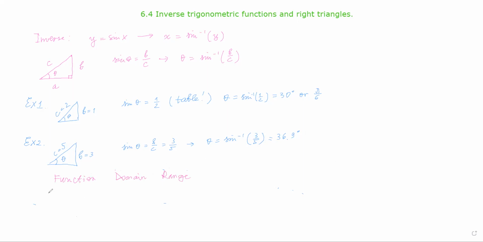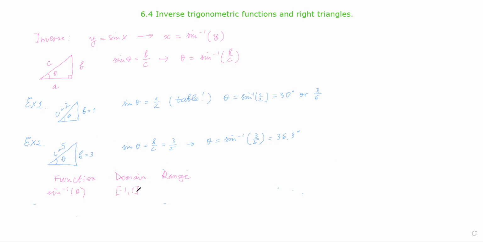Okay, guys, for sine inverse of theta, what is the domain? Well, the domain is going to be the values sine is giving you, right? Remember that sine changes from -1 to 1, so the domain is going to be -1 to 1. What is going to be the range? If you recall how we were drawing the functions and trying to find out where sine is 1 to 1.